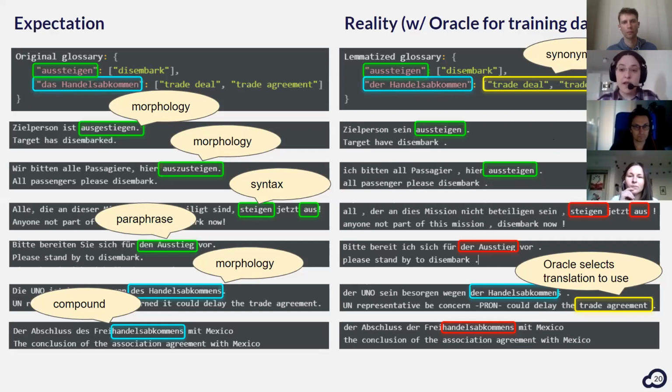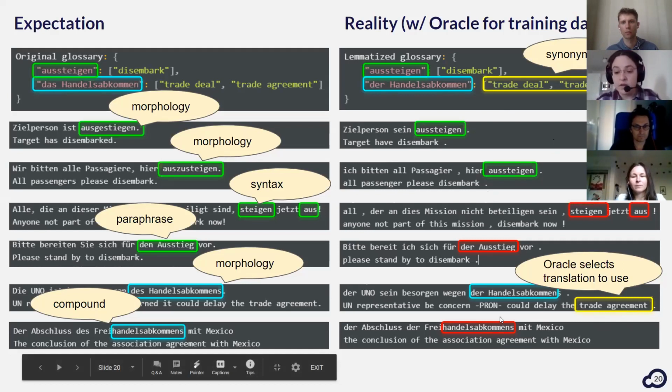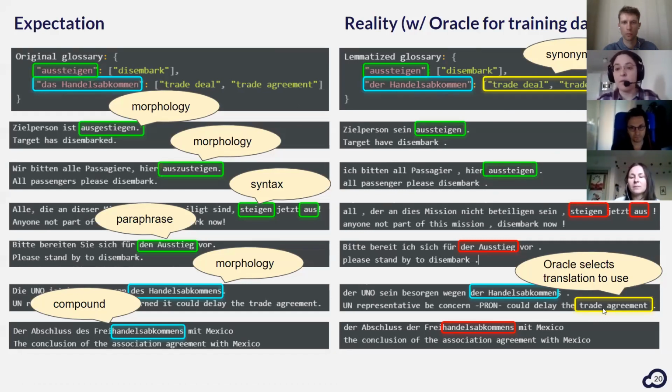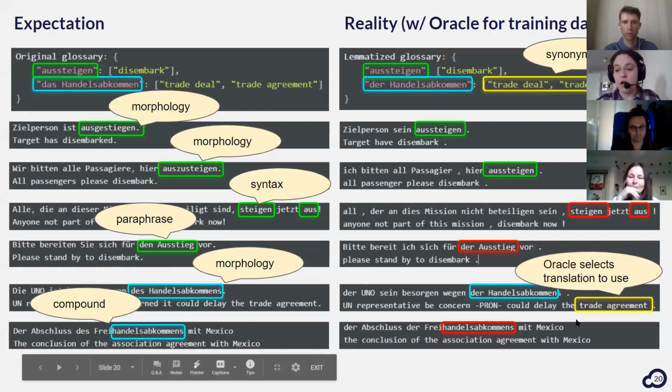But for training the machine translation model, we have a bit of a cheat. We have access to the target sentence. And so here you can see that in this target sentence, we actually have a particular one of the synonyms picked out. So for training the model, we are going to use an oracle that has access to the target to find the correct translation of this term.